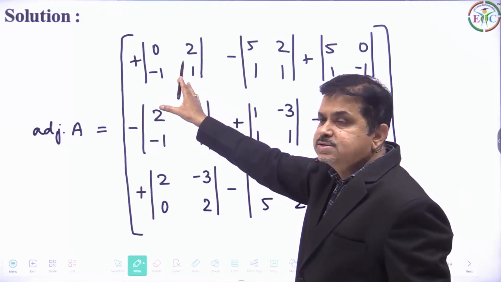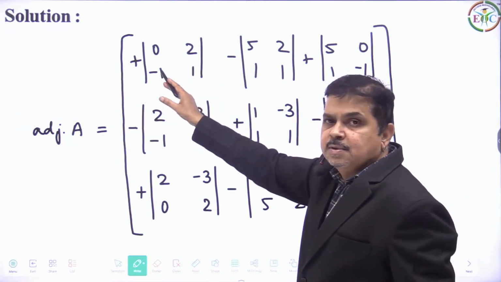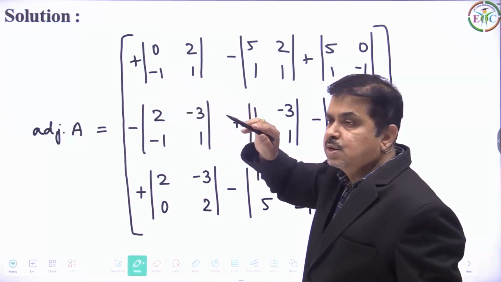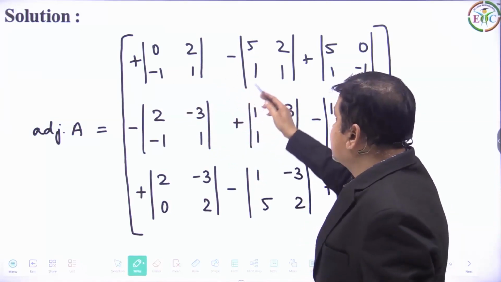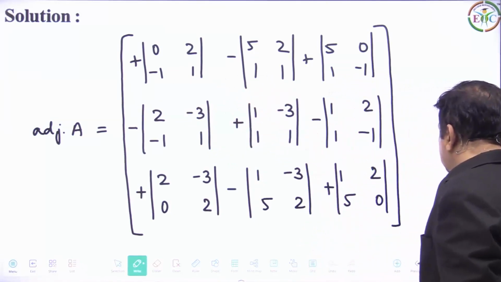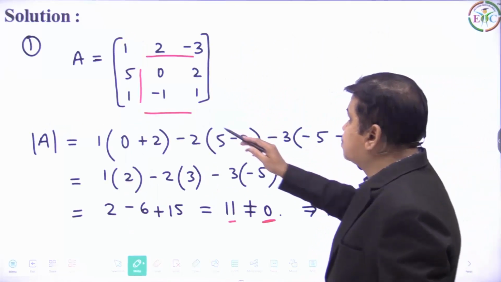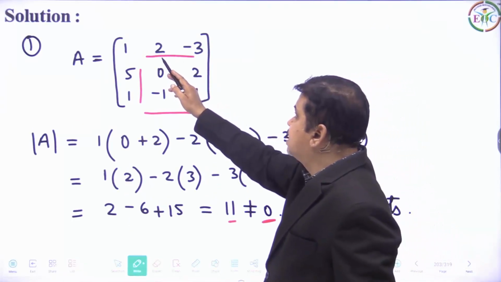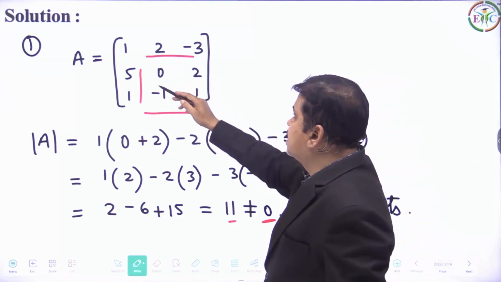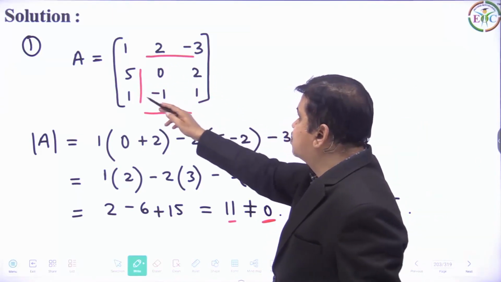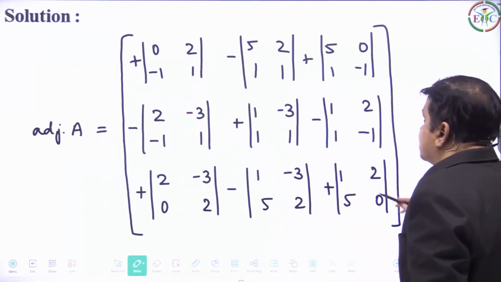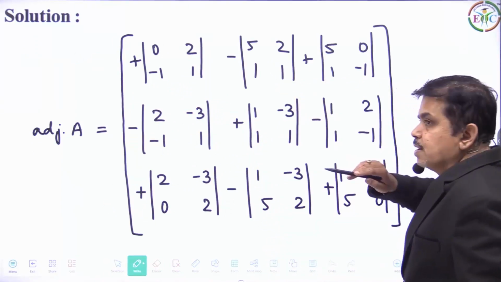The value of this determinant will be the cofactor value, that is A11. Similarly we can find A12, that is minus of A12. Leaving out the corresponding row and column elements, we are left with 5, 2 and 1 and 1. So we can write 5, 2 and 1 and 1.